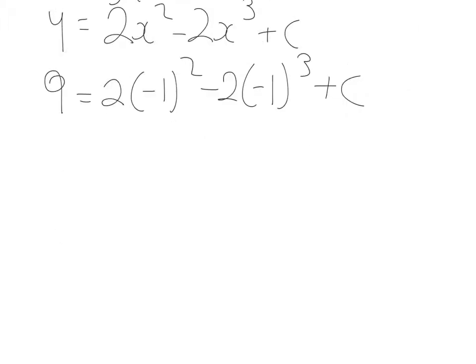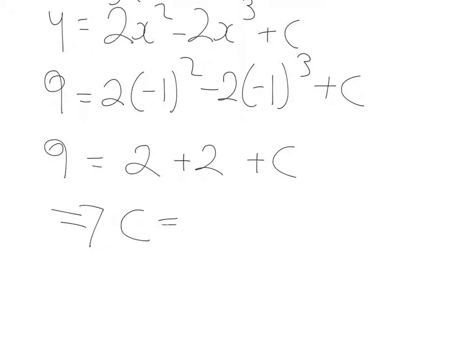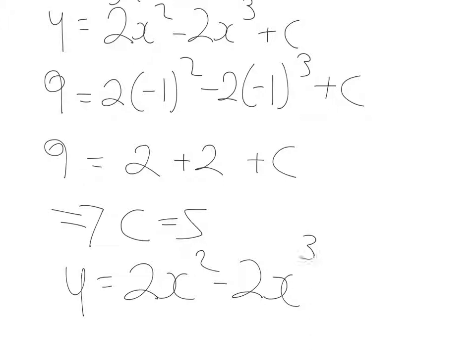So minus 1 squared is 1, times that by 2, and that's 2. Minus 1 cubed is minus 1, times that by minus 2, and that's plus 2, plus c. 9 equals 4 plus c, which implies that c is equal to 5. Therefore, my final answer is y equals 2x squared minus 2x cubed plus 5.